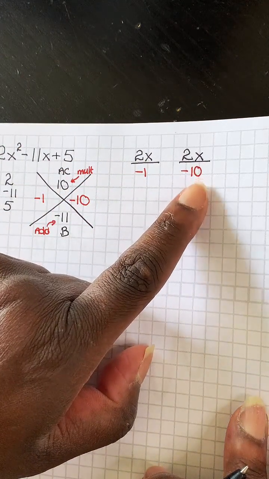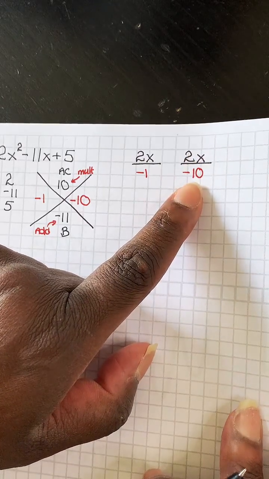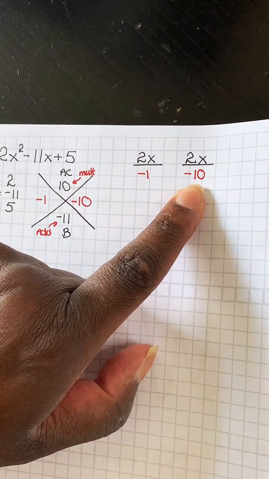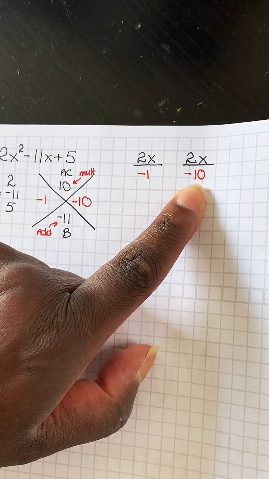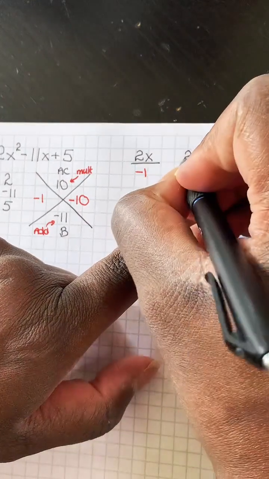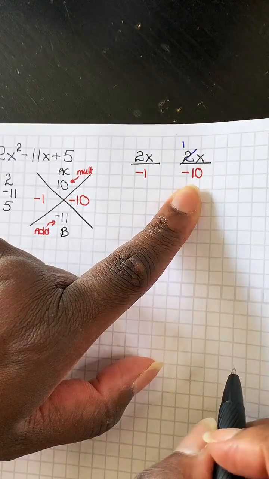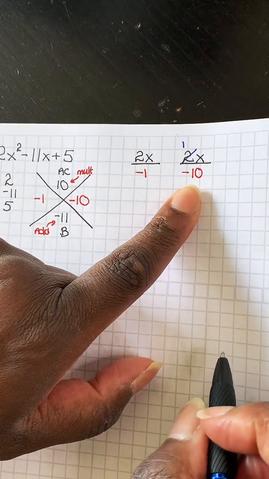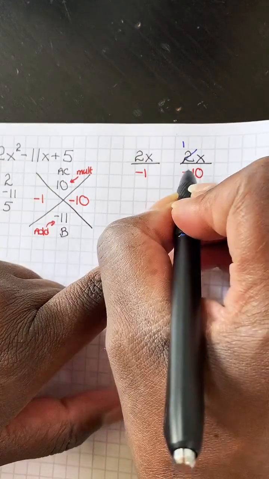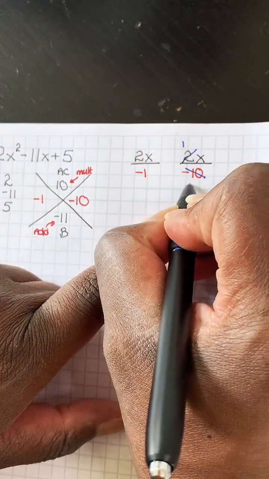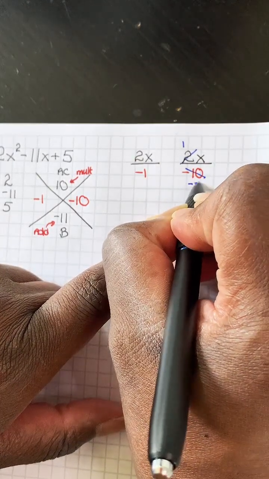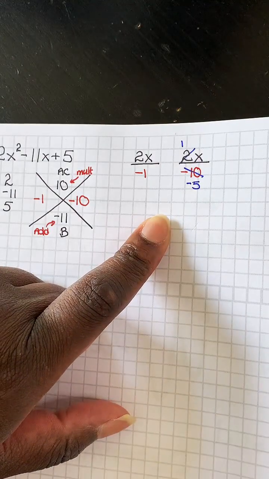But this one, the 2 and the negative 10, they have 2 in common. So this 2 is going to be 1, because 2 divided by 2 gives me 1. Negative 10 divided by 2 gives me a negative 5.